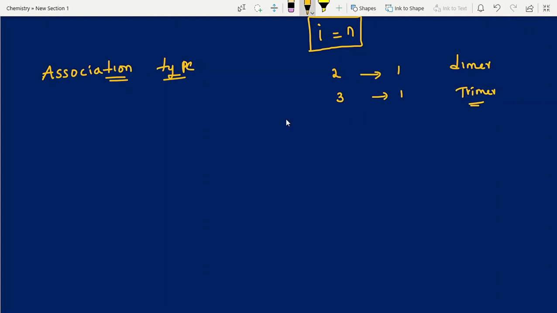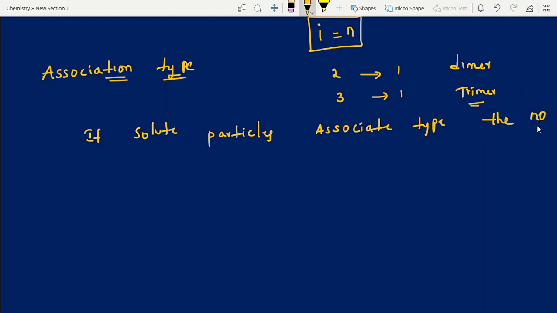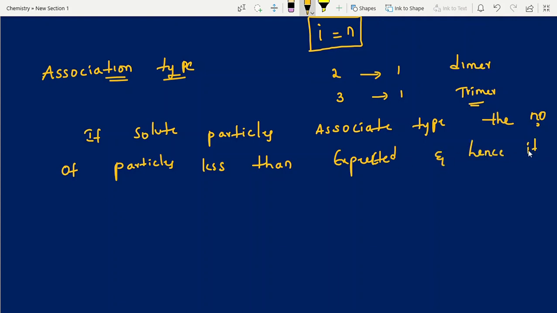So now I am going to write one point. If solute particles are association type, the number of particles is less than expected, and hence it leads to a lower value of colligative property.